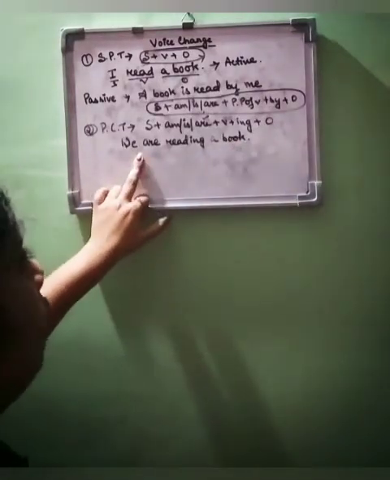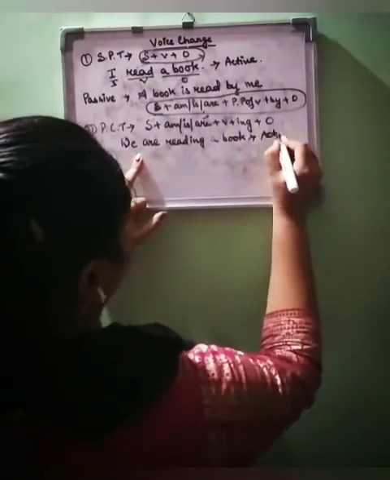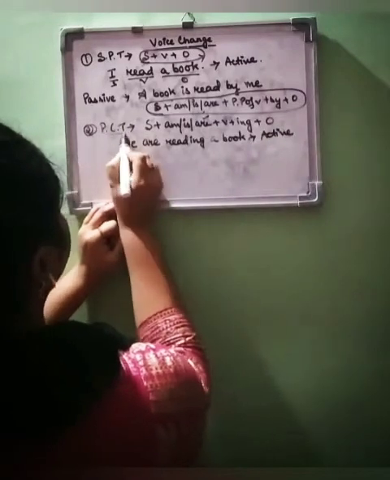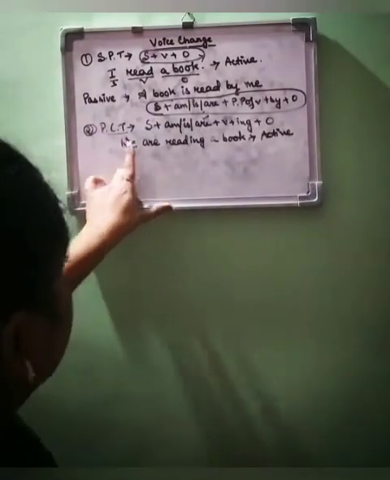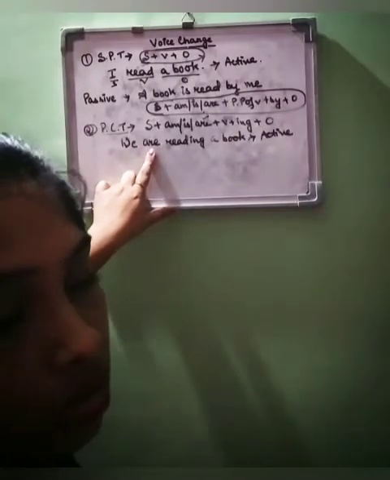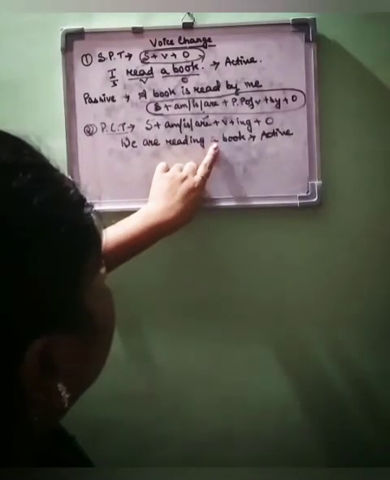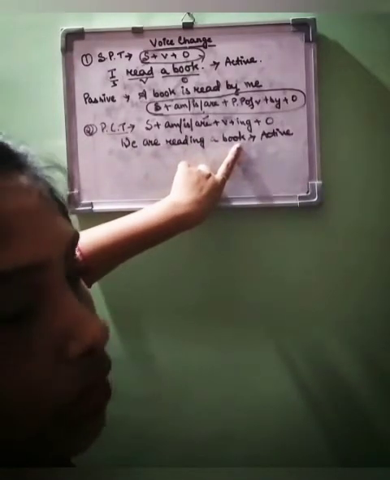This is our sentence in active voice and in present continuous tense. According to the subject, we have placed the auxiliary verb, then the main verb plus ing plus object.